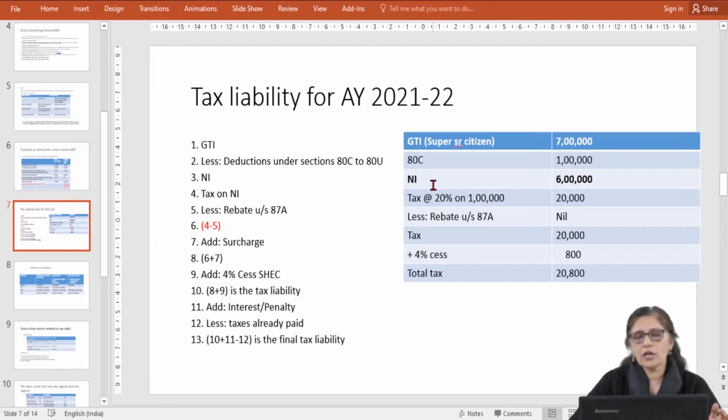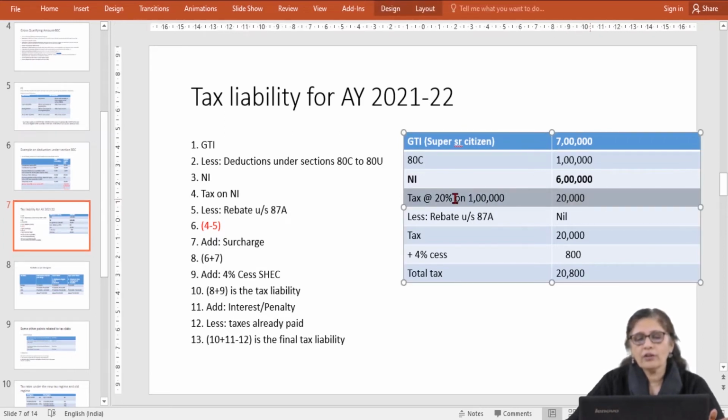Balance is your net income. So net income is say 6 lakhs. On this we shall calculate tax. We'll do the calculations later. Let's say we have 20% of tax on the 6 lakhs minus 5 lakhs, which is the exemption limit for a super senior citizen. We'll do that a little while from now. So the tax liability is 20,000.